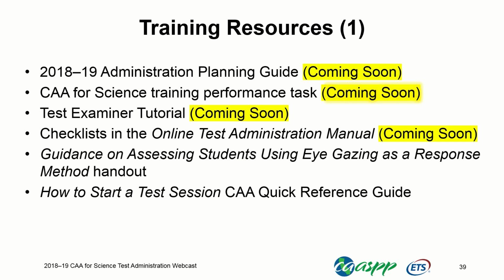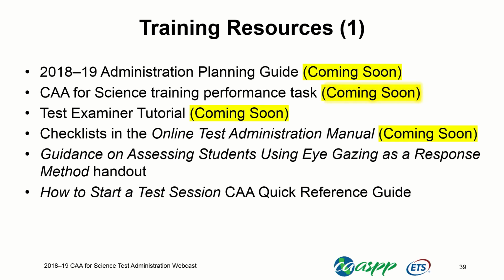And it'll really be your first stop, I think, to get started, to figure out how you need to schedule the embedded PTs over the time period between January and the end of your instructional calendar. The online CAA for Science training test is also a highly recommended tool. This is the counterpart to training tests on other CAASPP assessments. It will also be available in the very, very near future.